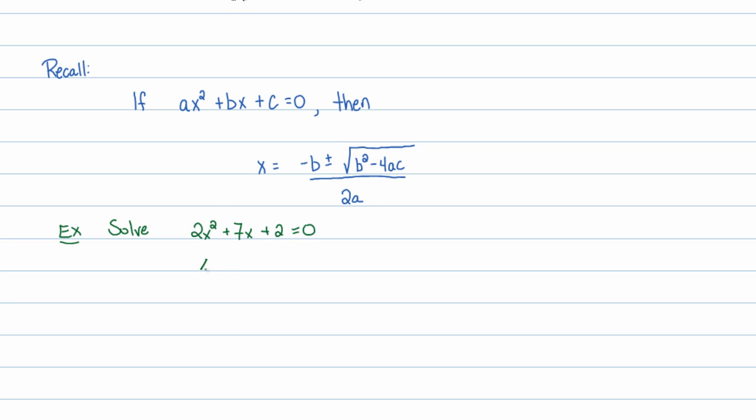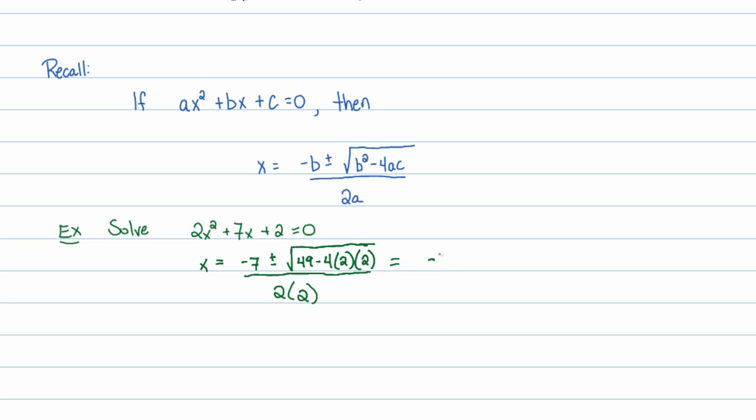So we're going to just immediately go to the quadratic formula. The quadratic formula says that x would have to be the opposite of the b value, which is the coefficient on the x to the first term, plus or minus the square root of that b value being squared, which will be 49, minus 4 times the a value, which is 2, times the c value, which is 2, all over 2 times the a value, which is 2.